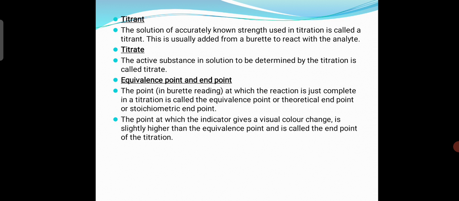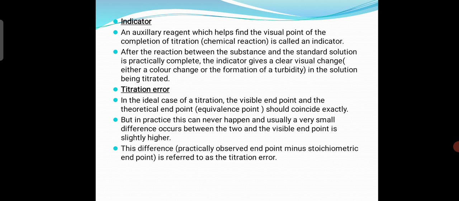Equivalence point and end point. Equivalence point means the point at which the reaction just completes. Then end point means the point at which the color changes. Then indicator. Indicator means it is a reagent to identify that a titration is complete.